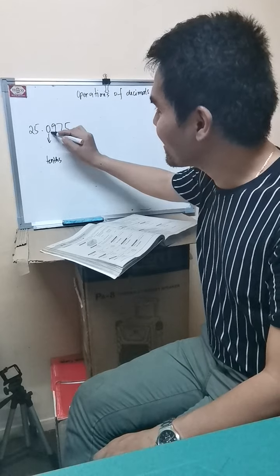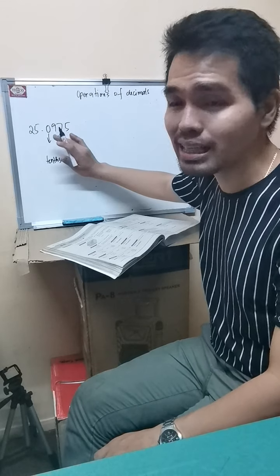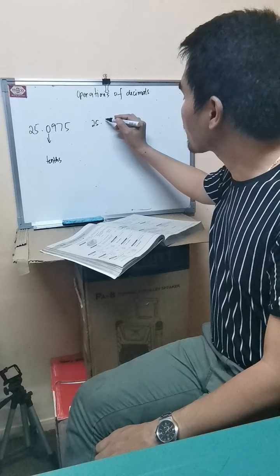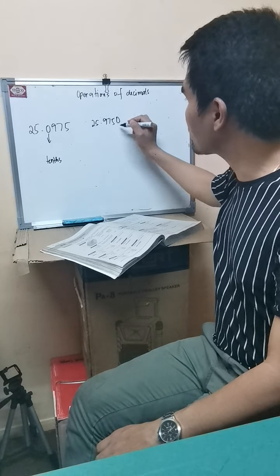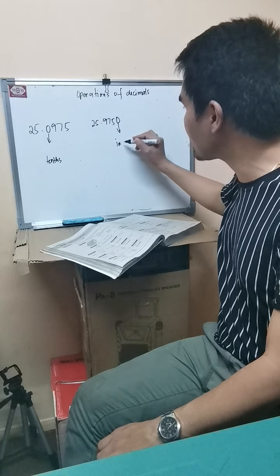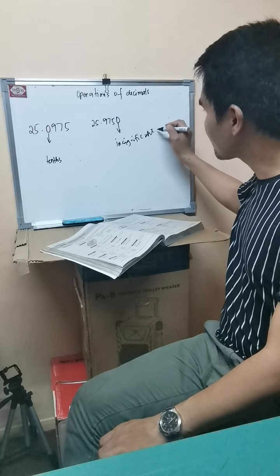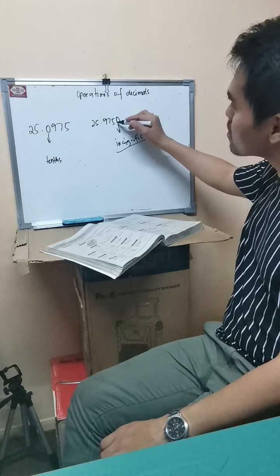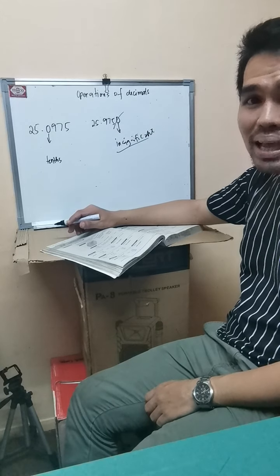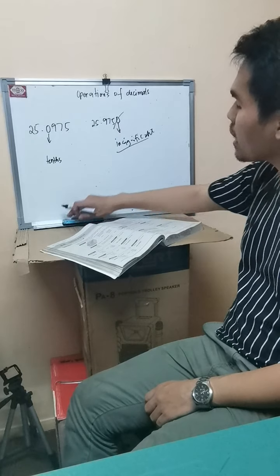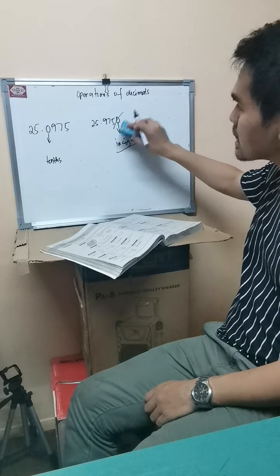On the other hand, when you have 25.9750, the 0 here is insignificant. Because this one doesn't hold any place value. You can actually remove this one, delete this one.